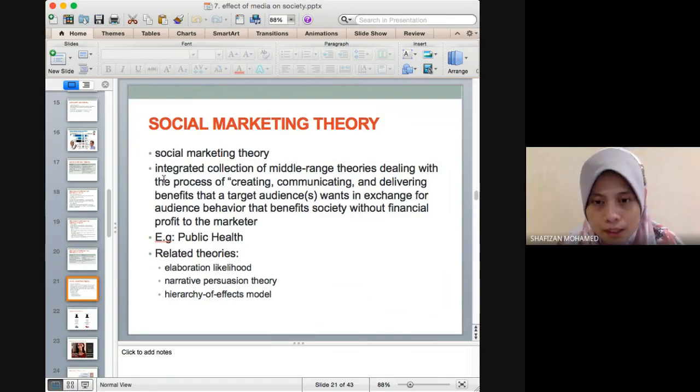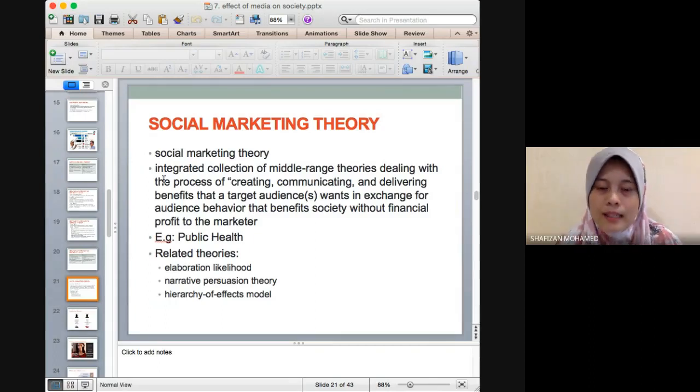It is a type of theory in which the marketer usually uses a particular process to communicate messages that can change the audience's behavior from something negative to positive, without giving them financial profit, but most of the time giving them an added advantage in terms of good reputation.